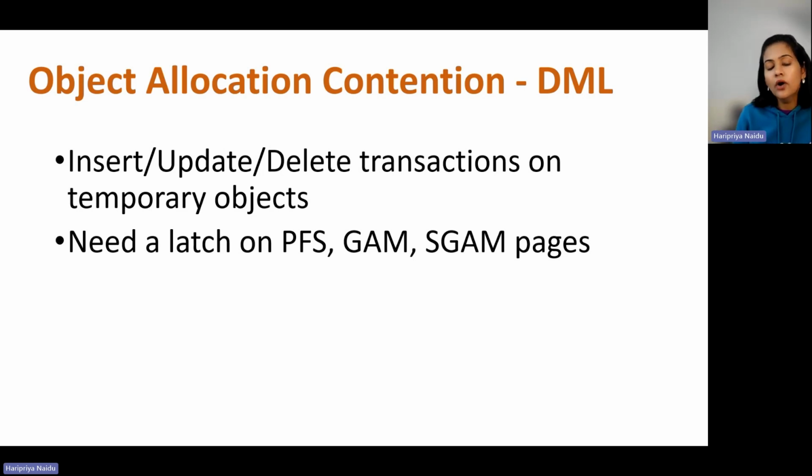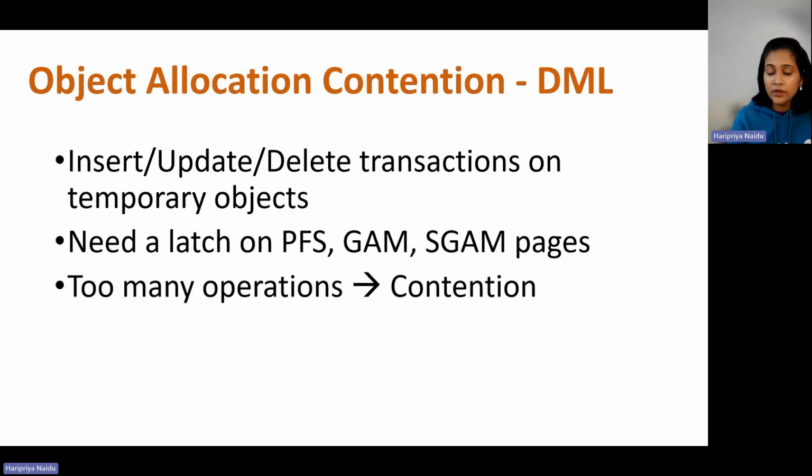But on critical OLTP systems where you have too many operations running, those operations are waiting to get a latch onto these three pages. Then contention occurs, and this contention occurs on those three pages, because now all those operations are waiting in line one by one to get the information of which page is free or which page that object should go to.